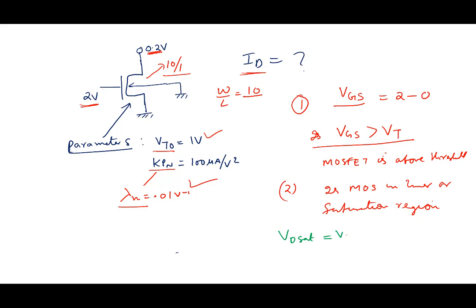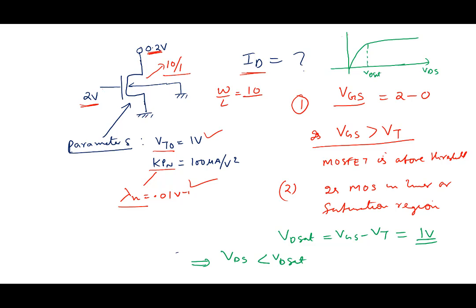VD sat is VGS minus VT, so that's 2 minus 1, equal to 1 volt. And we find that VDS is less than VD sat. Remember that MOSFET characteristics is like this, and this point is VD sat, this is VDS, and this is ID. So VDS less than VD sat implies linear region.